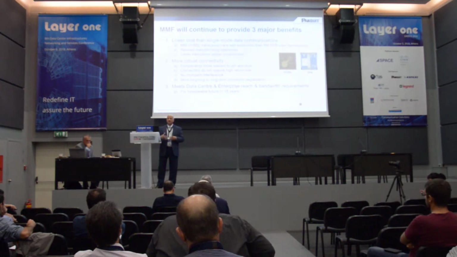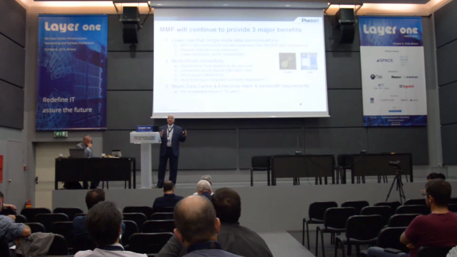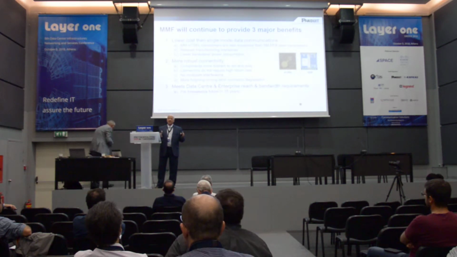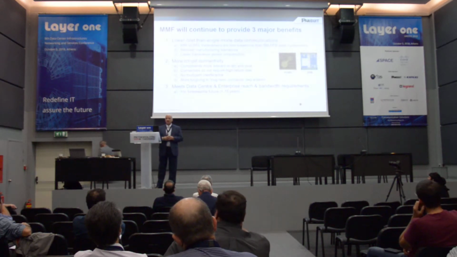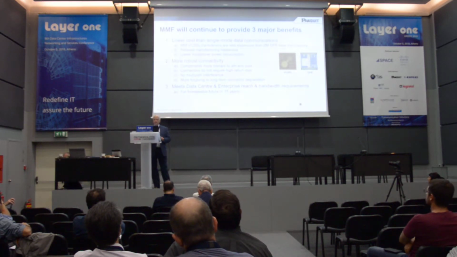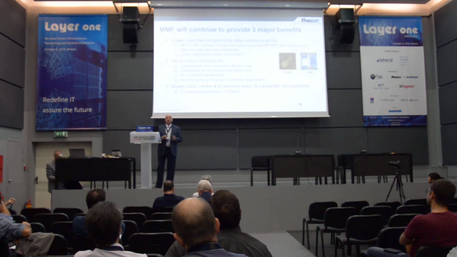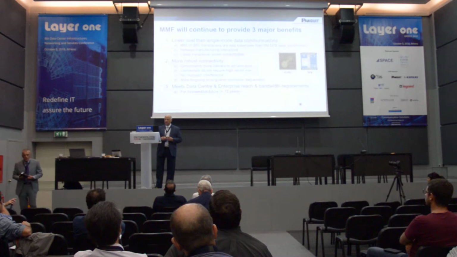Even putting in a connector and a patch cord, you can get multiple reflections in the patch cord. That's called multipath interference, and you get high losses. So there are a lot of problems with single mode. It's really designed for long haul, long distance communications.